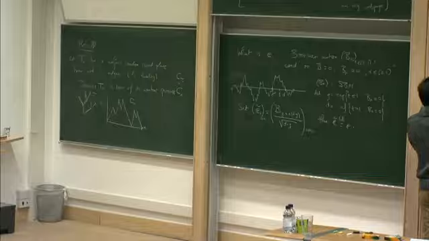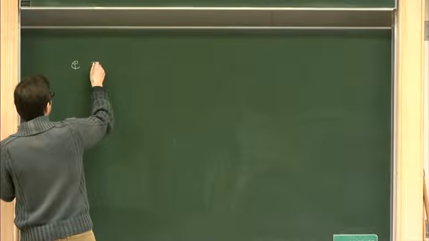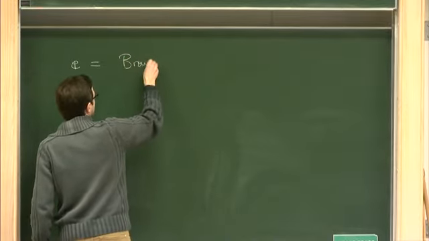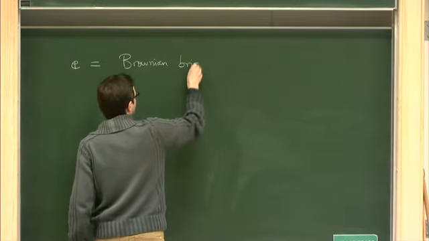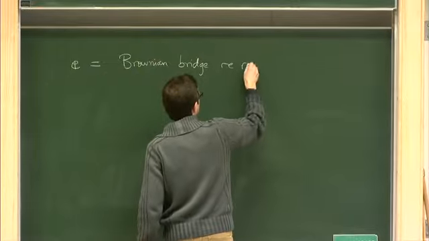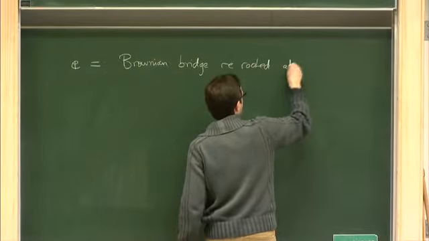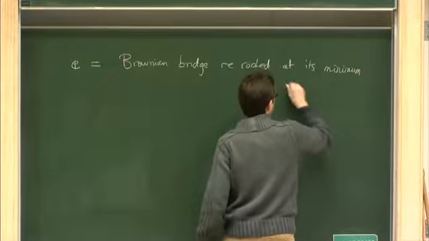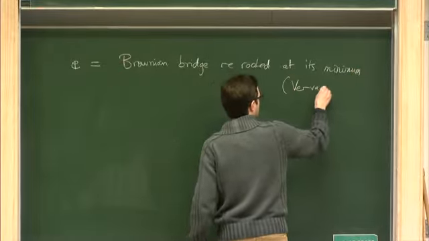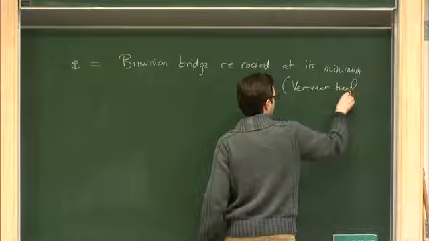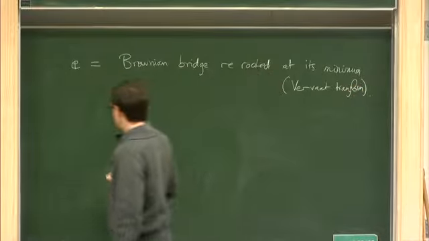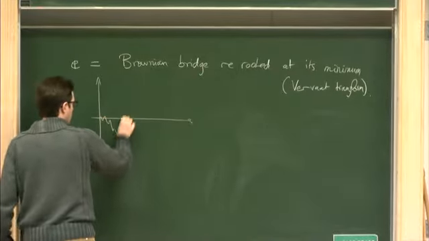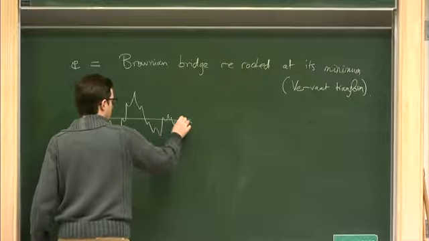Another thing is that, as Vincent says, E is also Brownian bridge rerouted at its minimum. So what does that mean? It's actually called a Vervat transform. At least I think we all have seen what a Brownian bridge is.